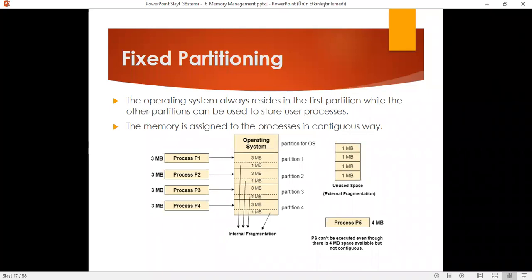Just as information, the operating system is always in the first partition. But here you have to remember that partition size can be different. They are allocated in the beginning and they are not changing.